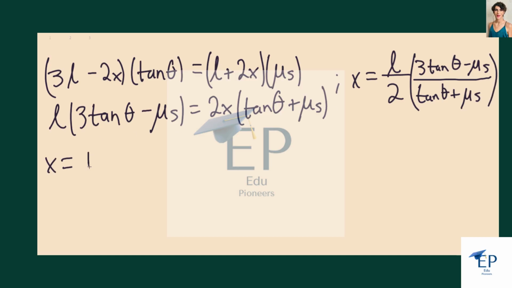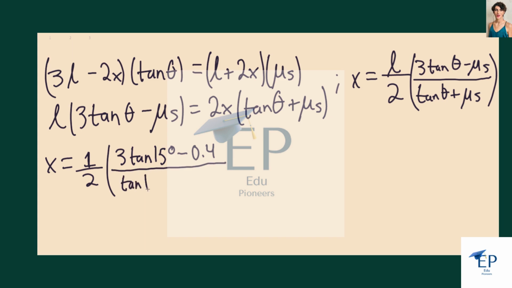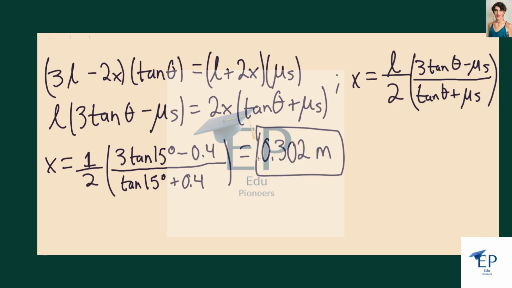So x is going to equal 1 over 2 times 3 tangent of 15 degrees minus 0.4, and then this would be divided by tangent of 15 degrees plus 0.4. And we find that x is going to be equal to 0.302 meters. So this would be your final answer for part B.